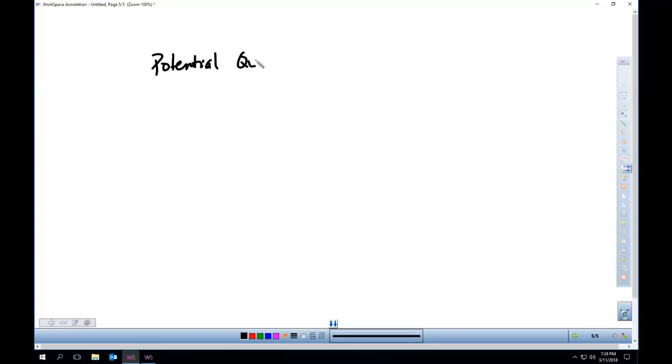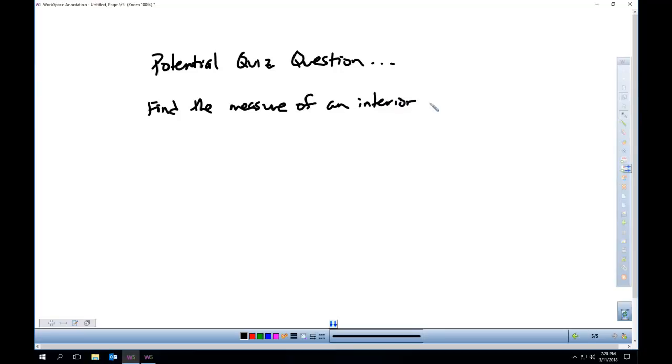So you've had a little practice. Here is the big question that you are likely to see on tomorrow's quiz, mid-chapter quiz, chapter 8 test. Find the measure of one interior and one exterior angle of some polygon. In this case, I'm going to choose a regular 18-gon.